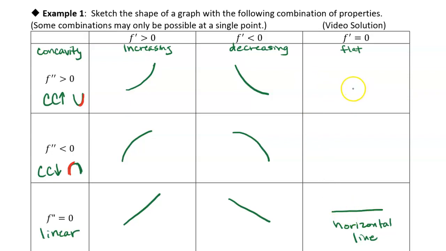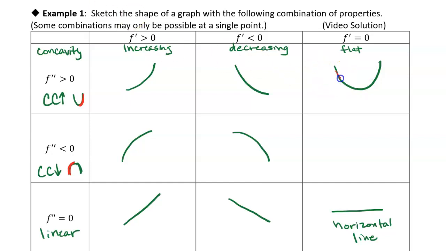Well, we have a case where f prime is equal to 0 and it's concave up, right? F double prime is greater than 0, so it's positive. Now there's no function that would meet that over an interval, but you can have that case at a point. So let's say you have a concave up curve, and you look at the derivatives along this curve.